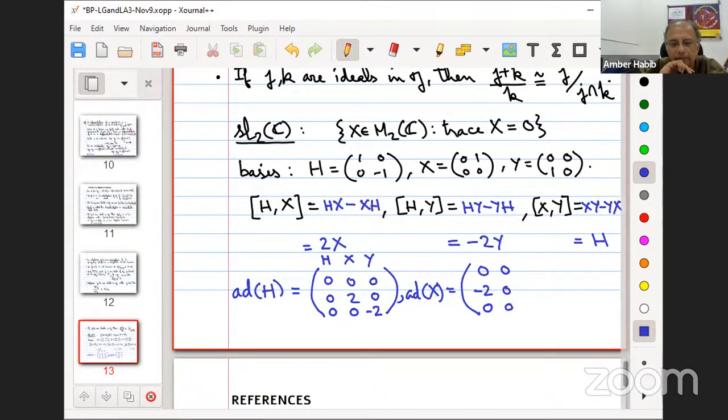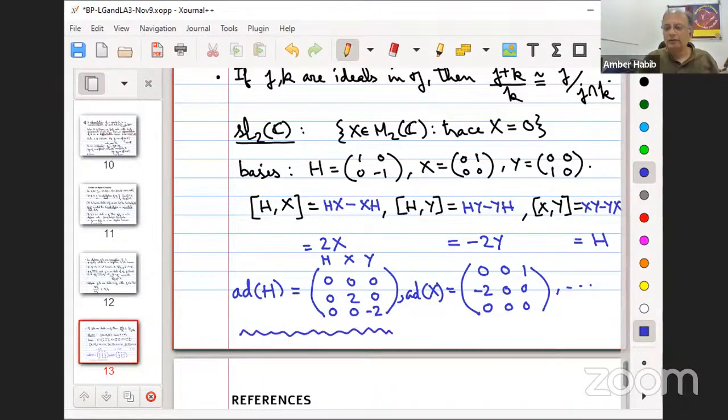And then it will be with Y. With Y, what will I get? X with Y is H. So that gives me a 1 in the first, and then some zeros, and you can similarly find ad Y. So this element is especially nice.